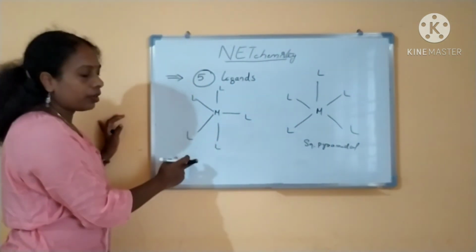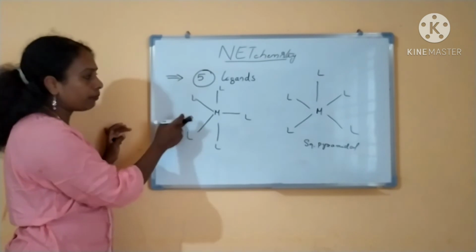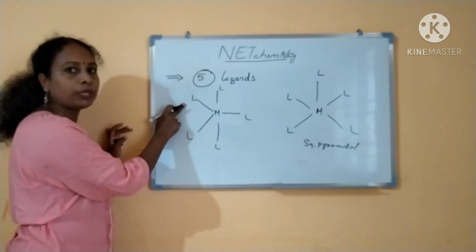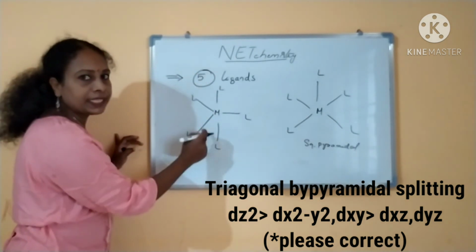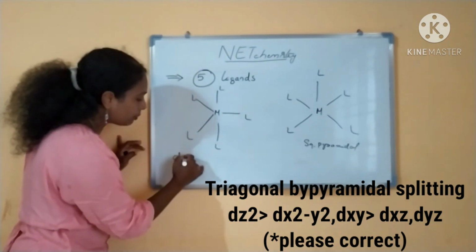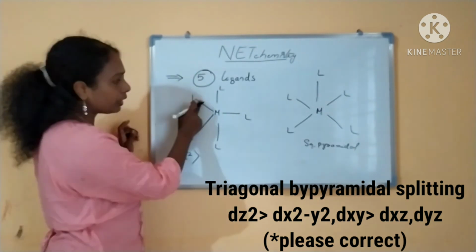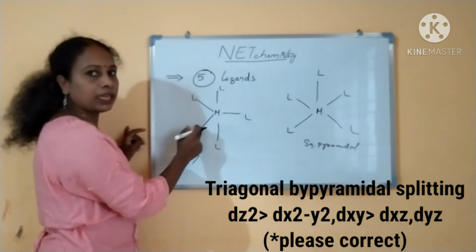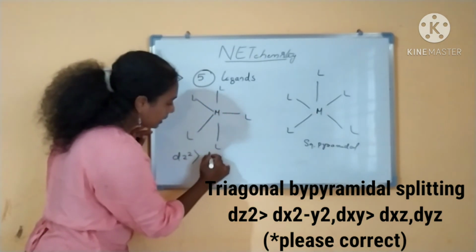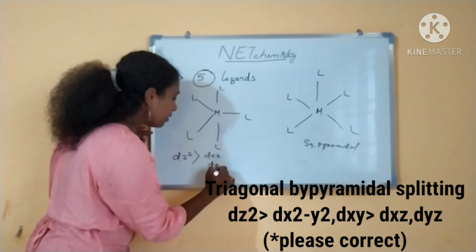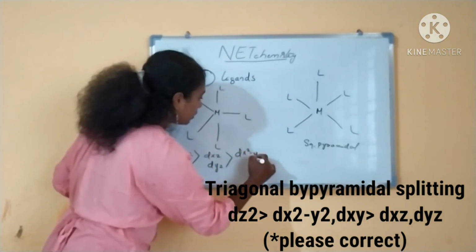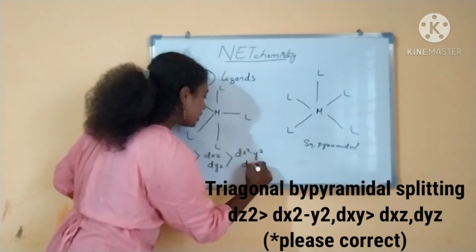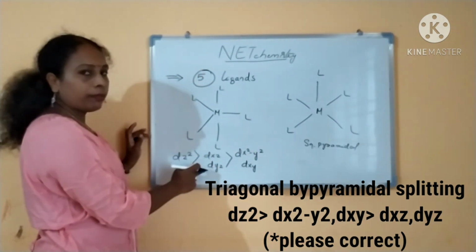Both splittings will be different. So what is the splitting of d orbitals in the trigonal bipyramidal environment? If you see, 2 Z ligands are there, so dz square will be splitting more. Then dxz and dyz will be splitting, then dx square minus y square and dxy. This is the splitting in a trigonal bipyramidal structure.